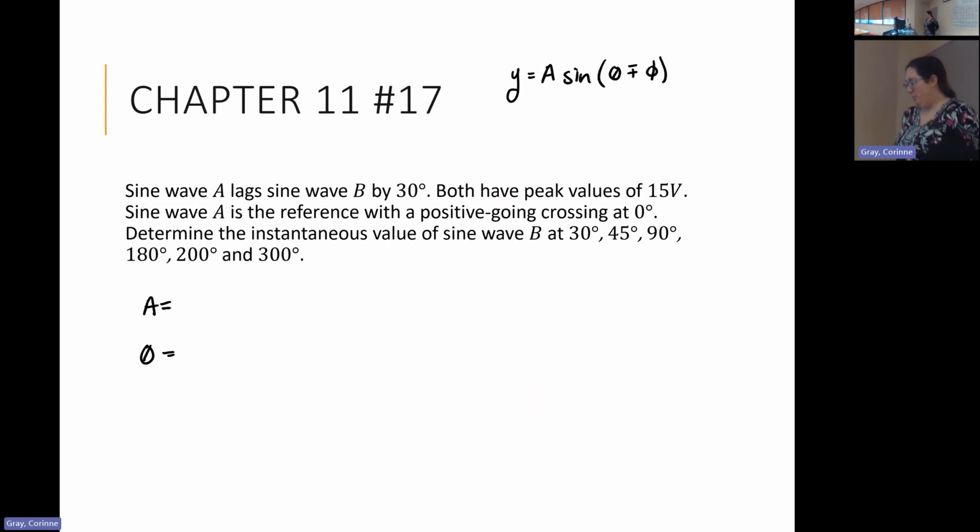Does anybody want more time working on 17? Okay, what is the constant A represent? A represents the amplitude. A is used to represent the amplitude, but in this textbook, it is going to refer to it as the peak.